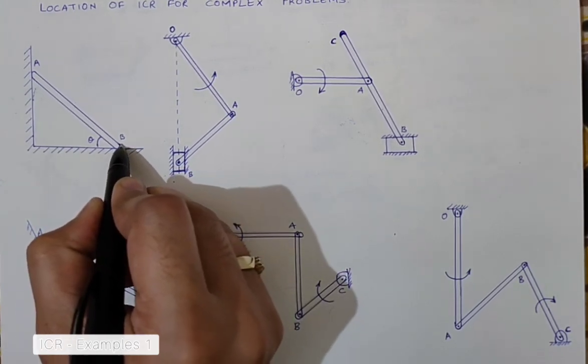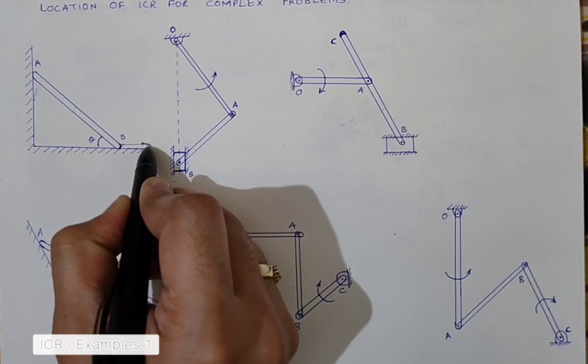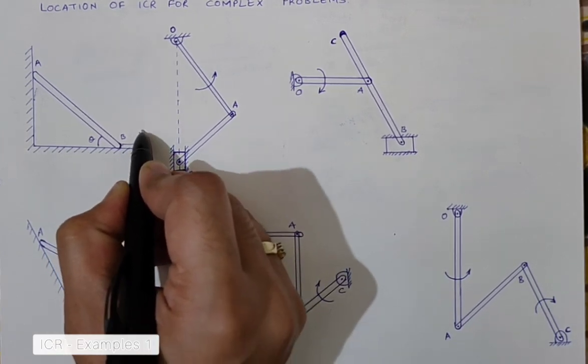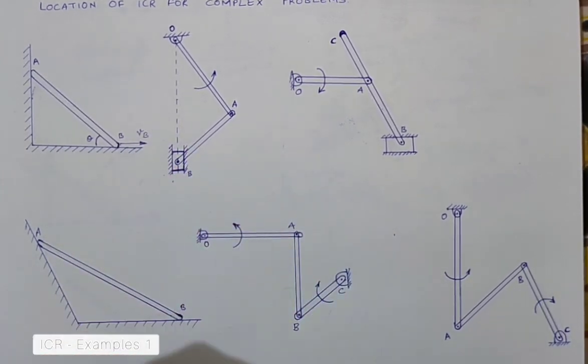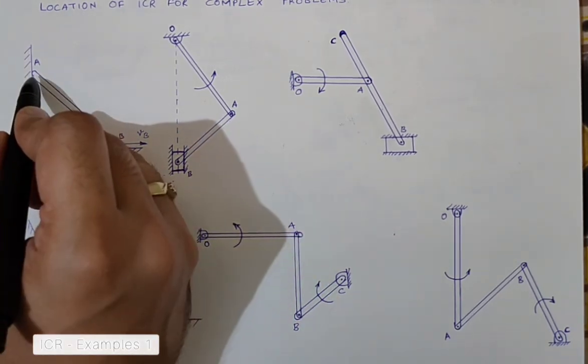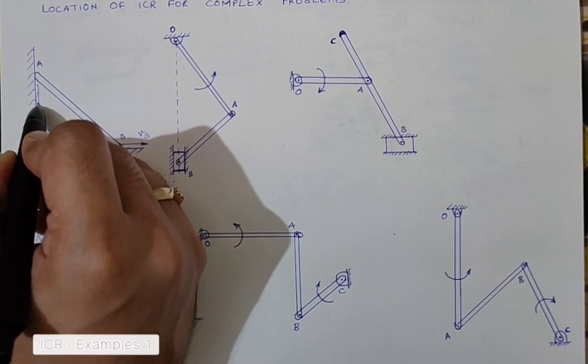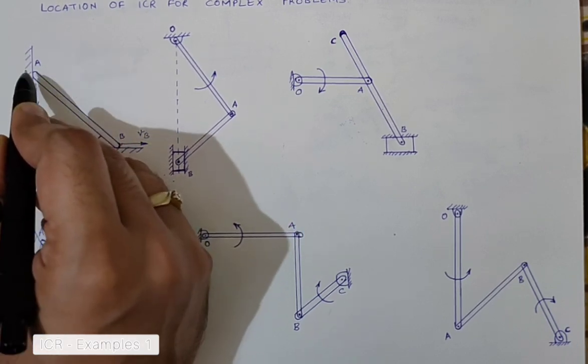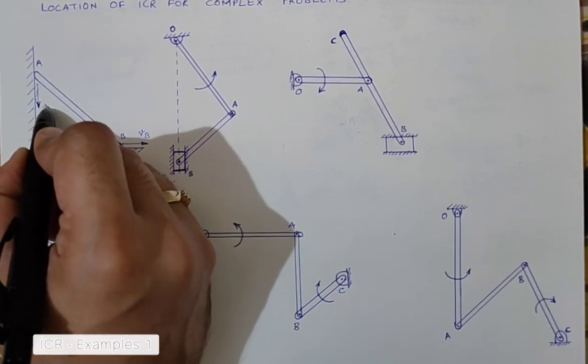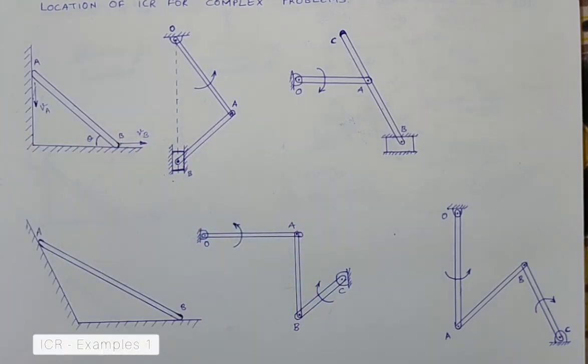Now if I say that the link is going to move in such a way that the point B is moving in the horizontal direction with the velocity VB in this way, it is quite obvious that the point A on the same link shall be moving downwards along the surface in this particular direction. So this becomes my VA.